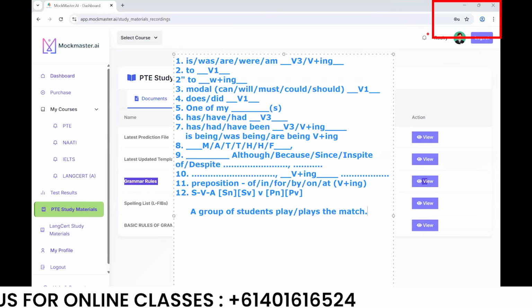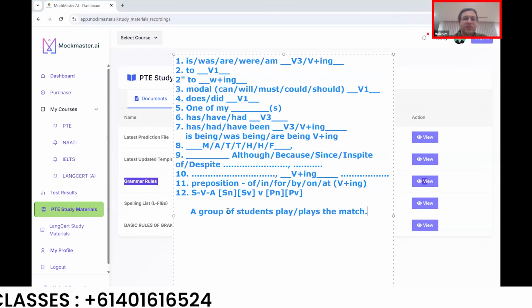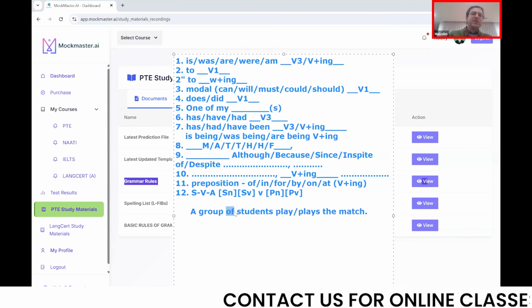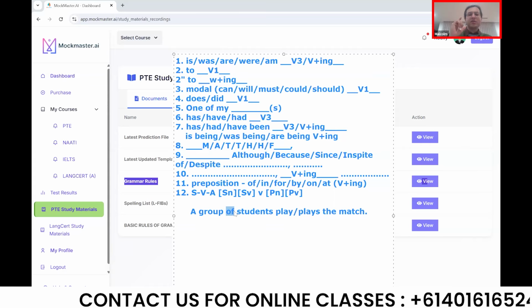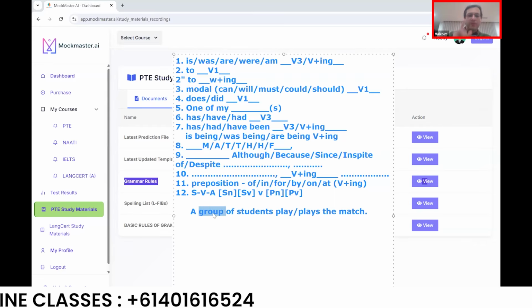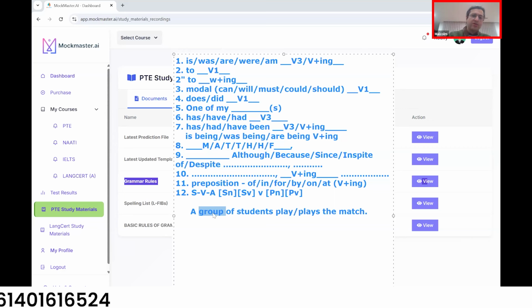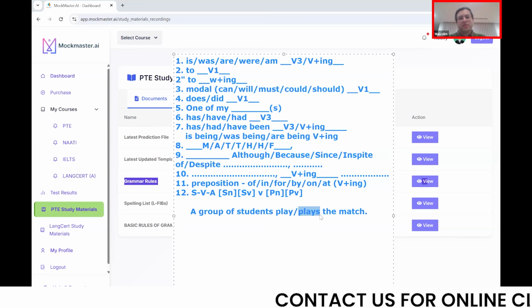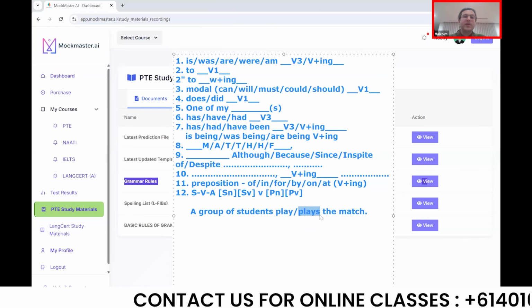So whenever you have a sentence or a phrase with of or in, the word before that is the subject. A group, one. Singular. So the verb will be plays, singular verb. A group of students plays the match.